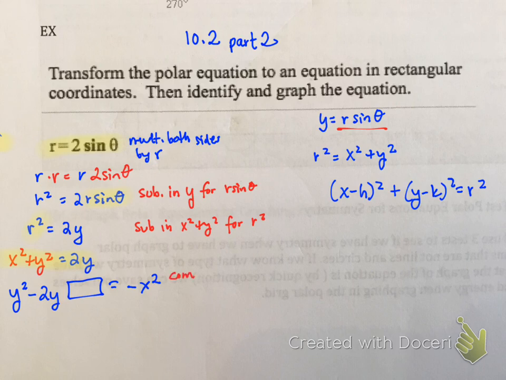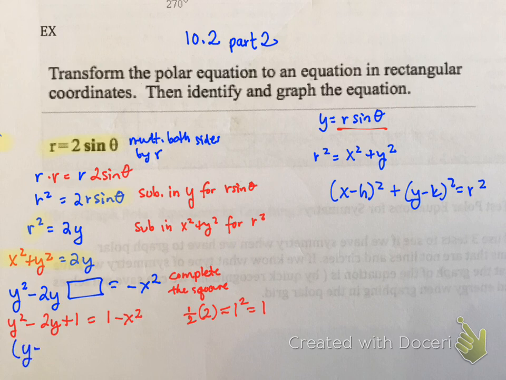I take half of 2, which equals 1, and I square it, which equals 1. So I have y squared minus 2y plus 1, creating that perfect square trinomial, which factors into y minus 1 squared.